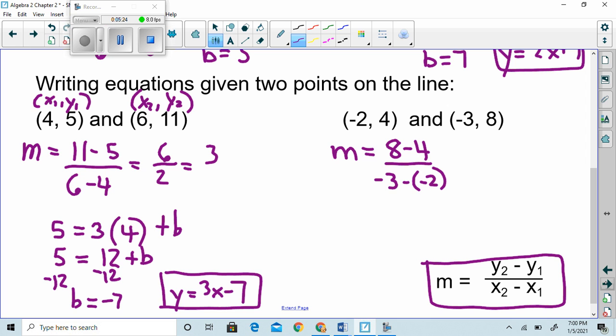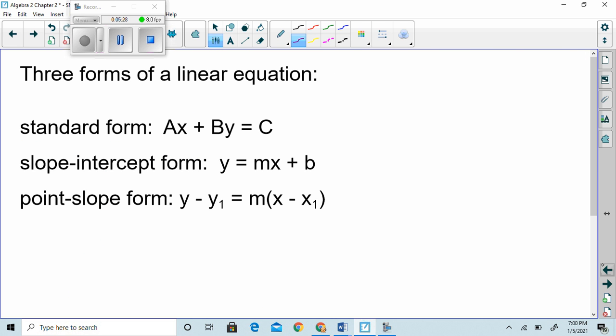From there, we had a little discussion on the different forms of a linear equation. Standard form, ax plus by equals c, so I could have something like 2x minus 4y equals 8, and we use that to find our x and y intercepts, which I'll review in our next class for the midterm.